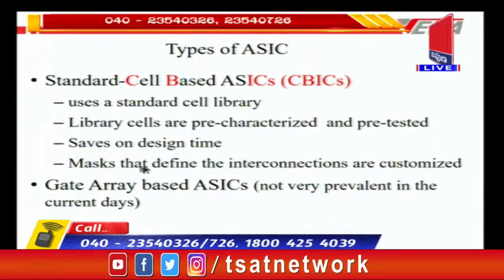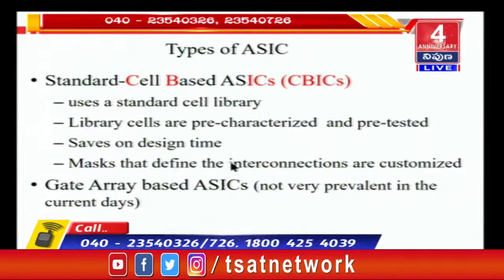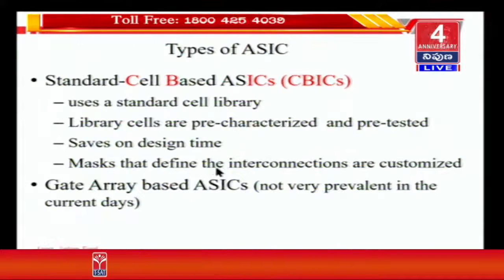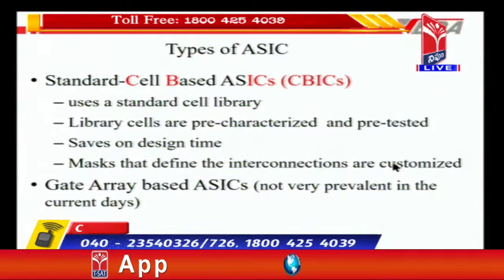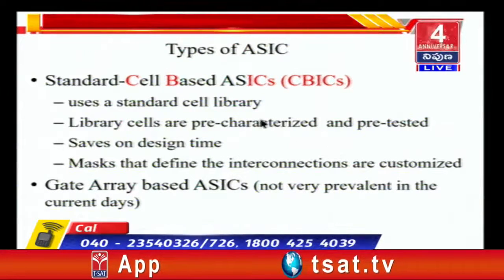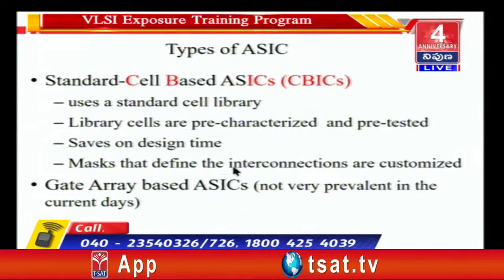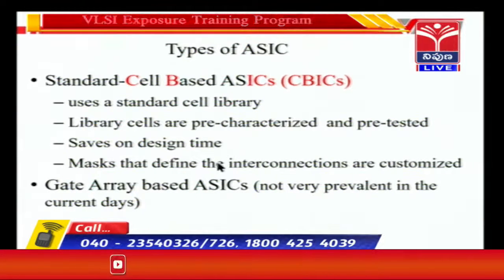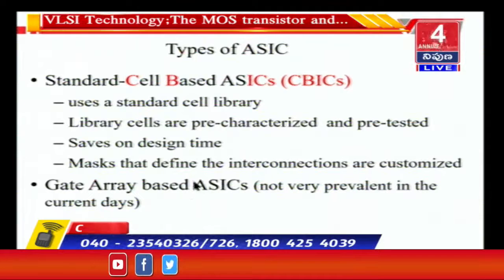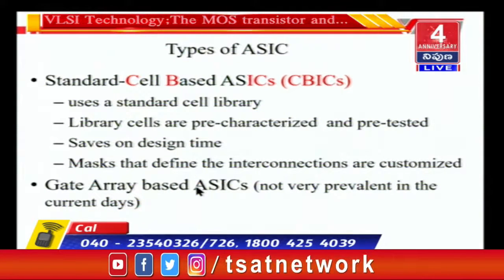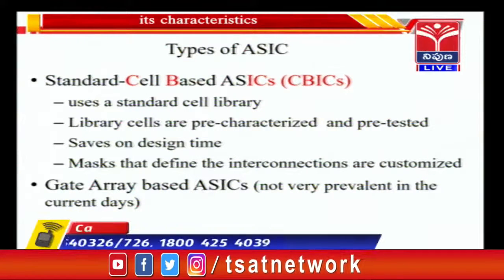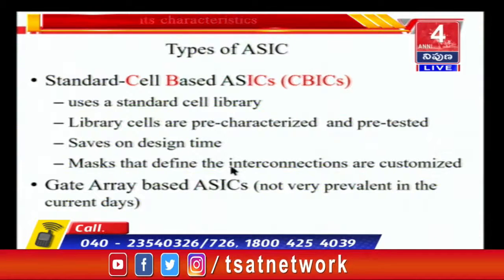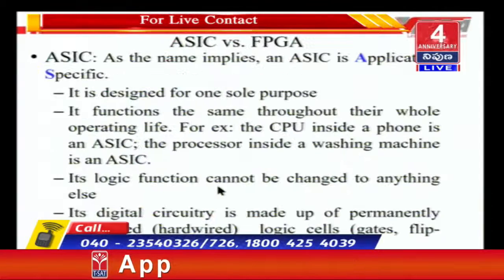The masks which define the interconnections are basically customized. This is the one which is defined by the user. Gate arrays are not so prevalent in the current days, and I mentioned yesterday that we are not going to dwell upon this particular type of ASIC.